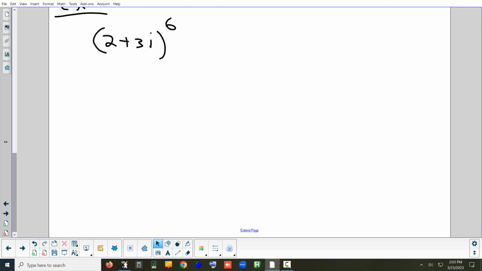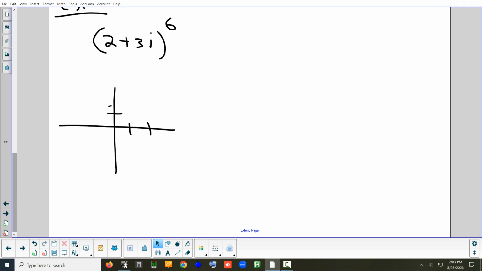All right, so Brady said one thing we need is the angle. And what else did you say we need? It's a polar form. And what's the other thing you need besides the angle? The radius. Okay, we need the radius and the angle.